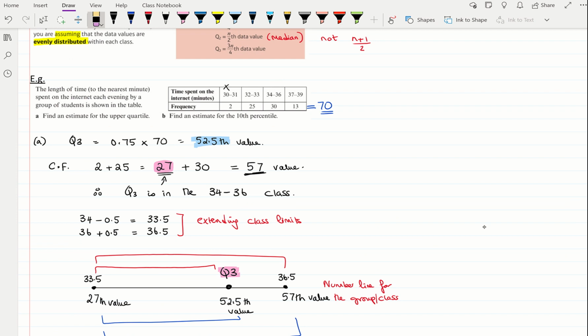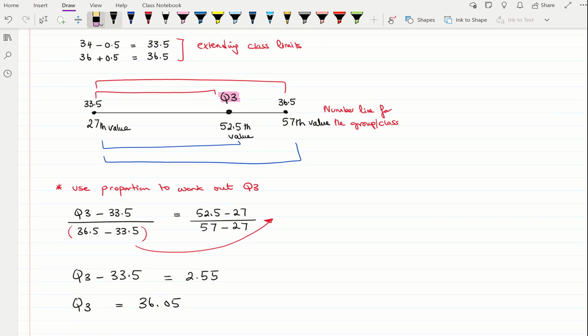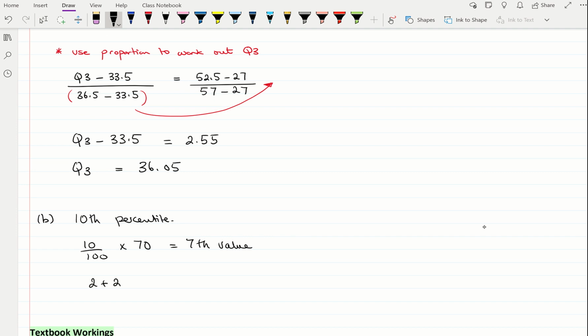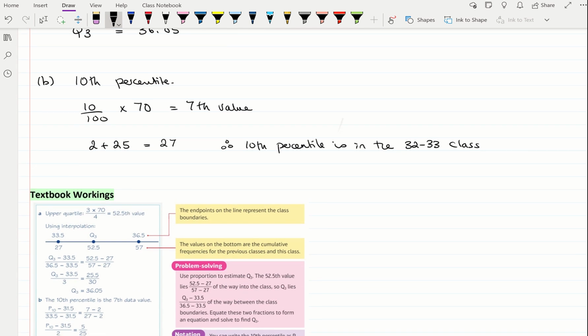It has to be in the second class because 2 plus 25 is 27, so I've very much passed that. So the 10th percentile is in the 32 to 33 class.